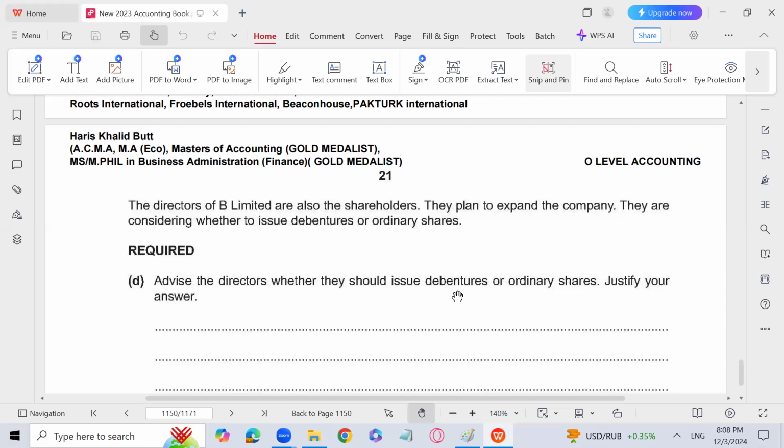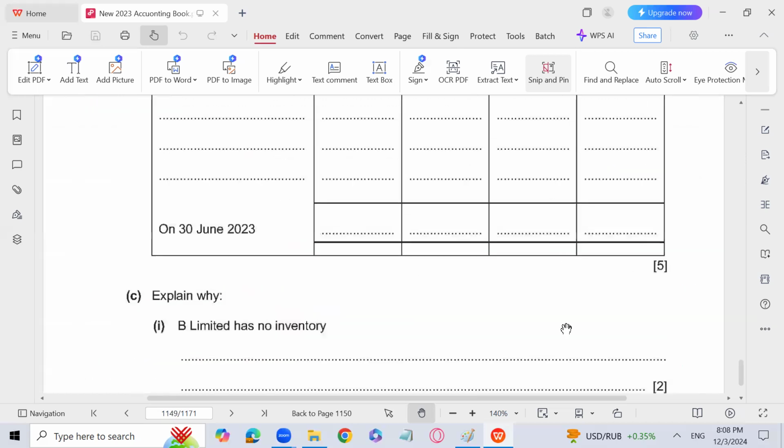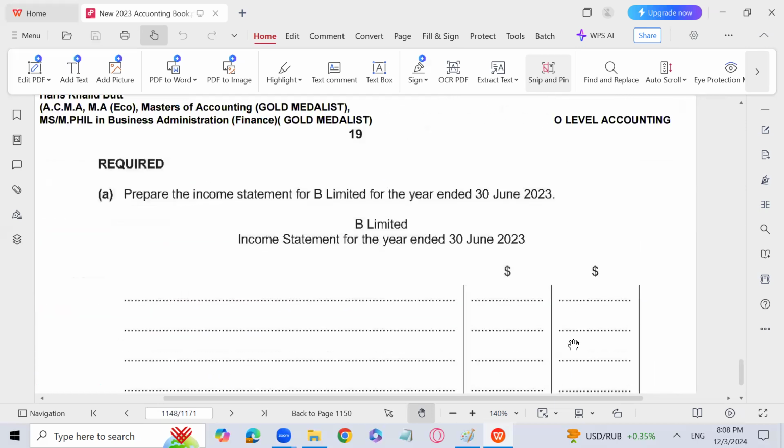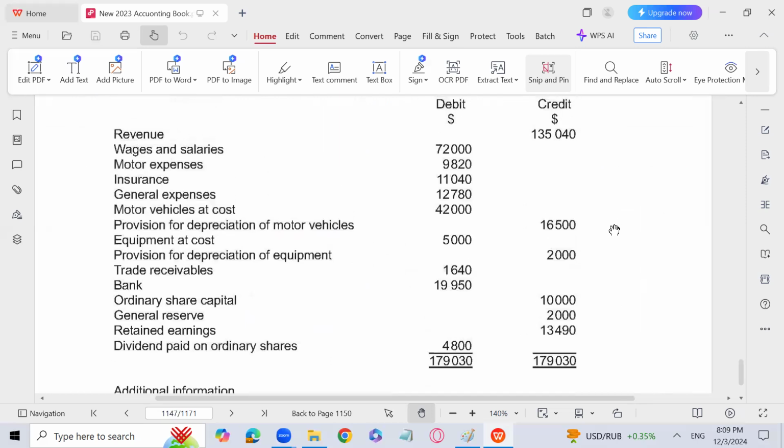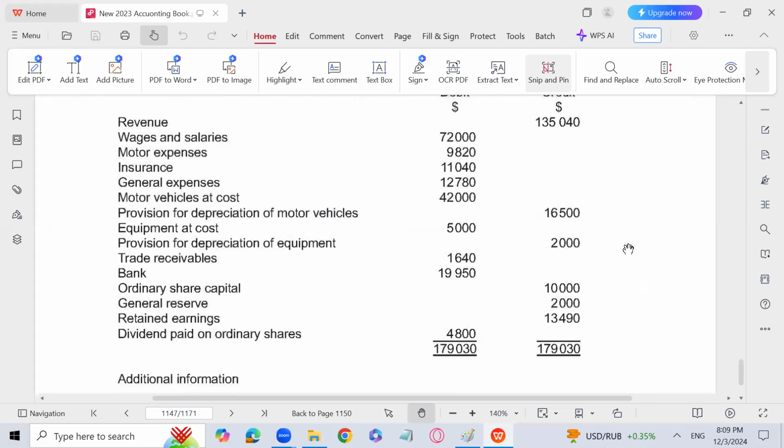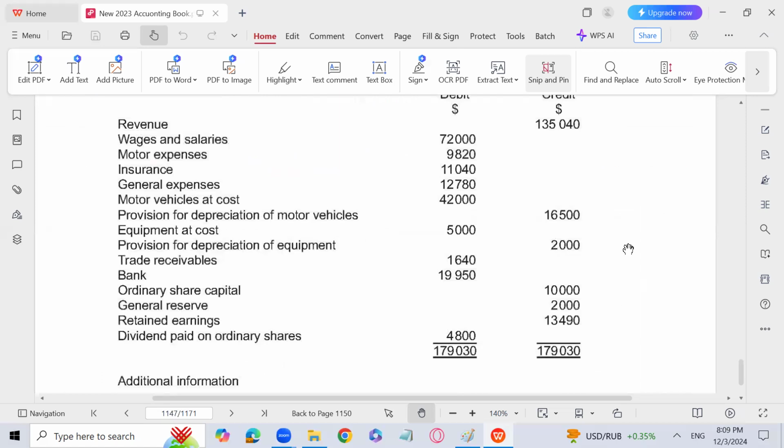If you look at the question, currently we have not issued any debentures, so we can afford to issue debentures also, because we are financing the project currently with ordinary share capital. But if you look at the position of the bank, we have enough cash in the bank, which is 19,950. So if you want to expand the business, the issue of shares will be more feasible, because more people will invest in the company.